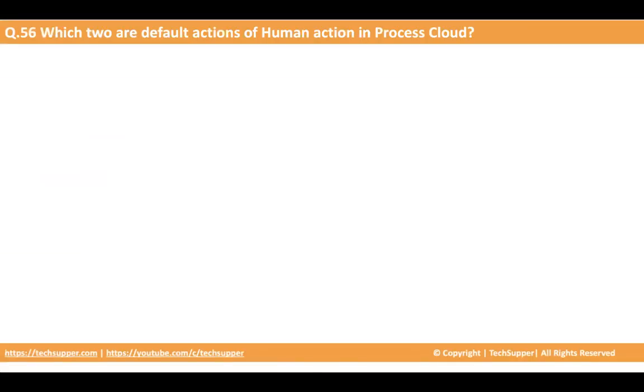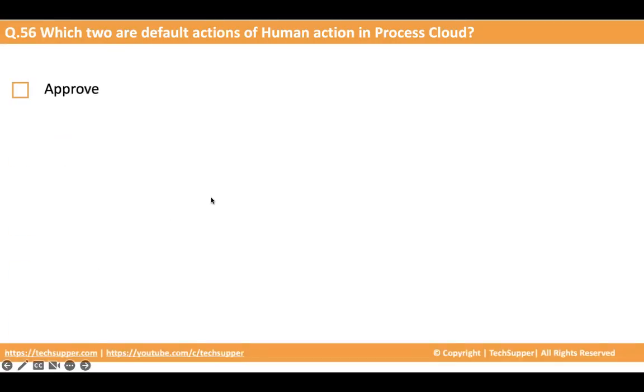The next question is, which two are default actions of human action in Process Cloud? So when you use the human action in the Process Cloud, which are the two default actions that your manager or your assignees can look into?